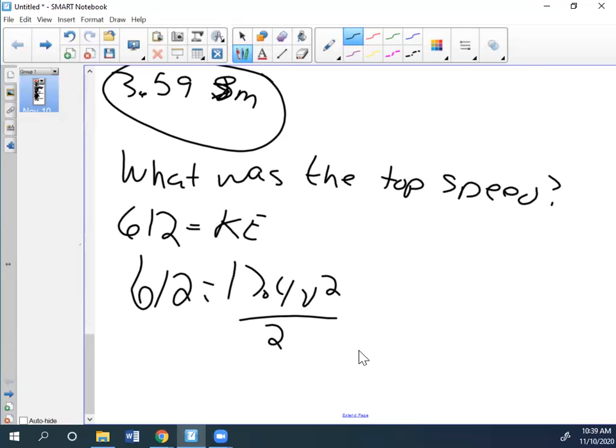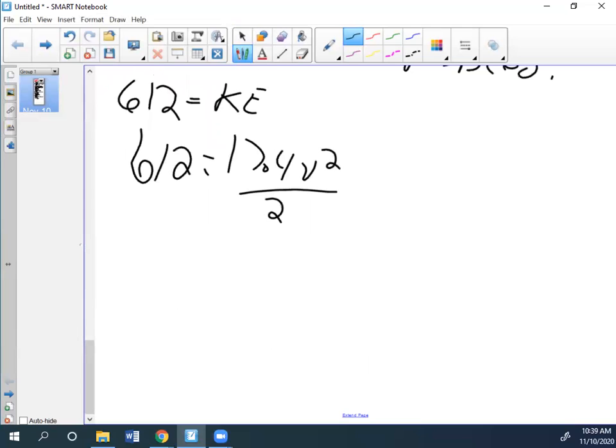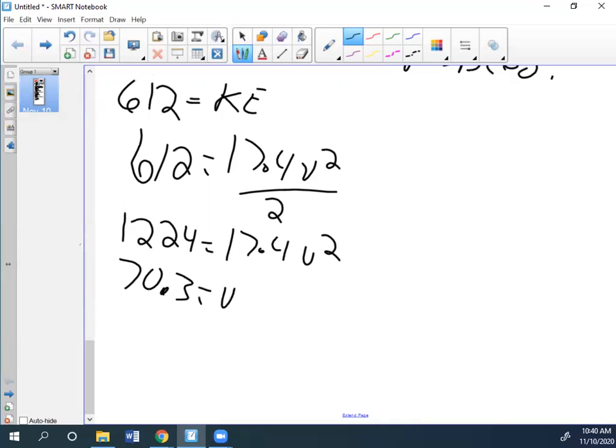Simplifying this out, 1224 equals 17.4 times v squared. 1224 divided by 17.4 is 70.3, so v squared is about 70.3.